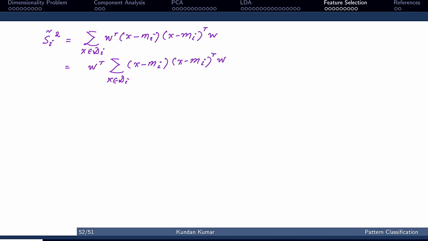And if you remember, this is the term which is called the scatter matrix.